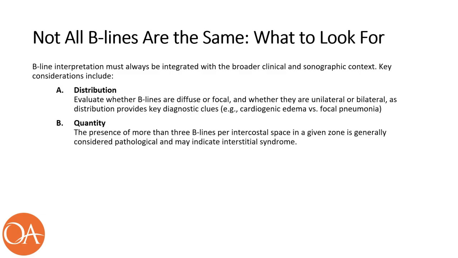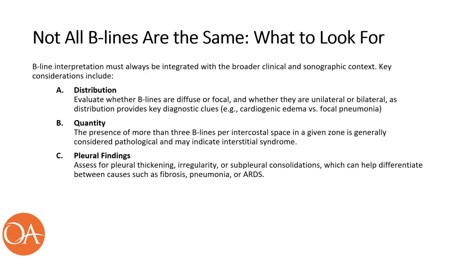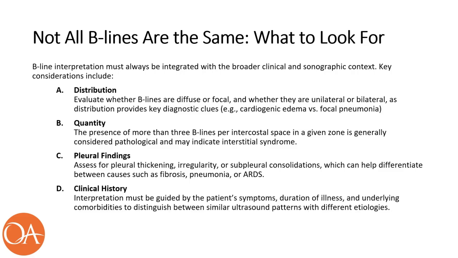More than 3 B lines per intercostal space in a given zone is generally considered pathological and suggests an interstitial process. Examine the pleural findings closely. Pleural thickening, irregularities, or the presence of subpleural consolidations may help differentiate between etiologies like pulmonary fibrosis, ARDS, or infection. Finally, always interpret ultrasound findings in the light of the clinical history, including symptom duration, acuity, and comorbidities, as these are essential for distinguishing between similar ultrasound appearances arising from very different pathologies.